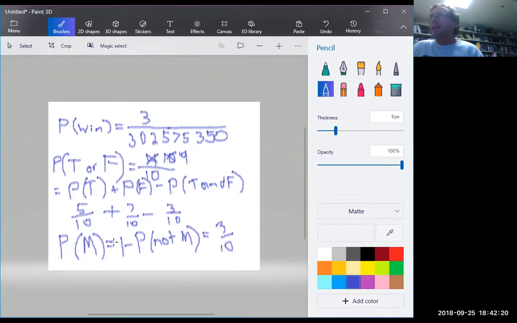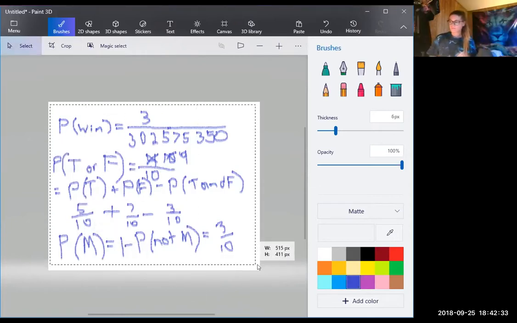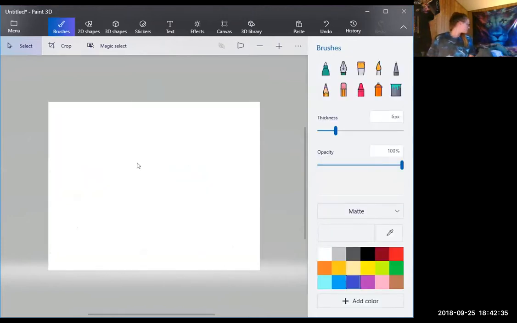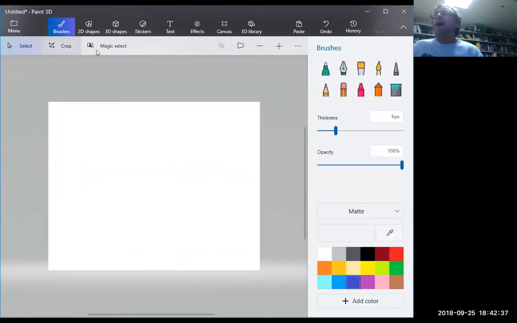Okay, so the last couple things I want to talk about with probability are a couple words. The first one is mutually exclusive.